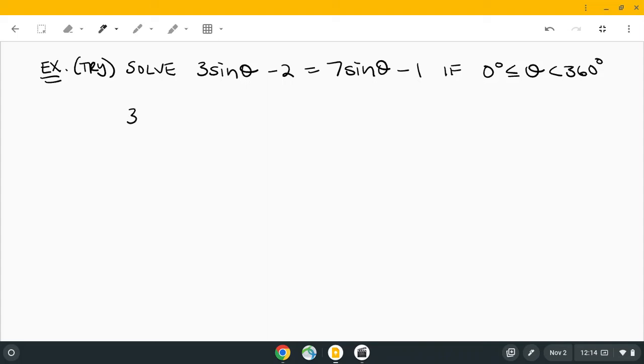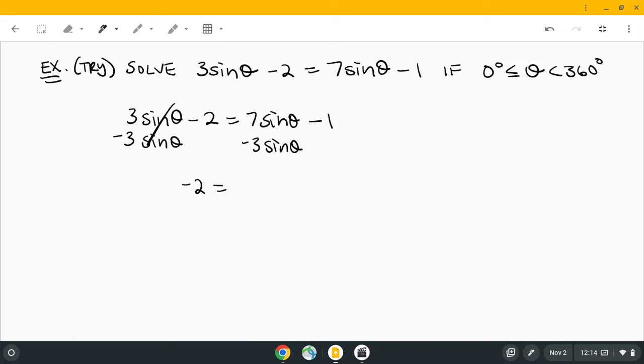Okay, so I'm going to go ahead and write it down over here. 3 sine theta minus 2 equals 7 sine theta minus 1. Okay, so I am going to subtract 3 sine theta. So I get negative 2 on the left, and I get 4 sine theta minus 1. I'm going to add 1 to both sides, and I get negative 1 equals 4 sine theta.